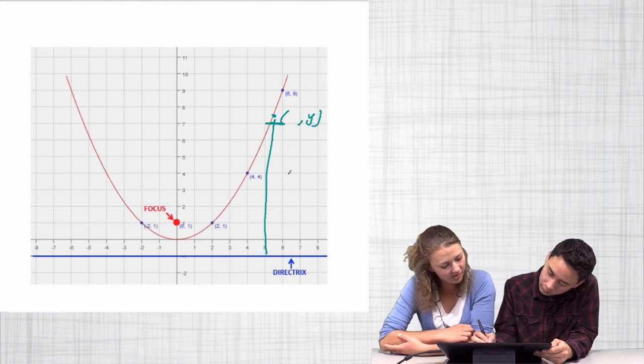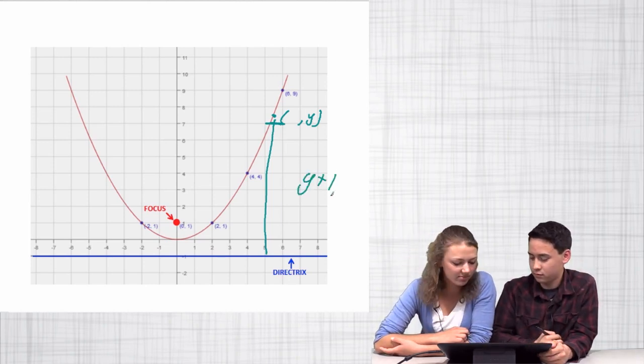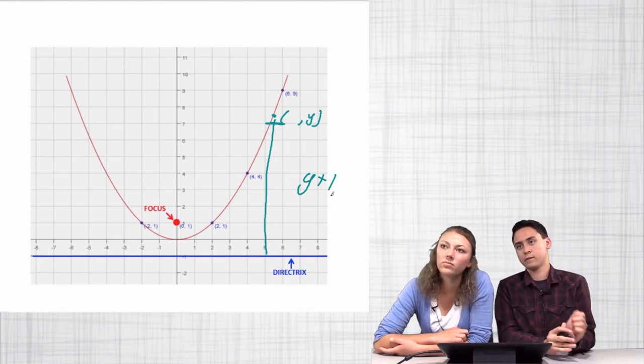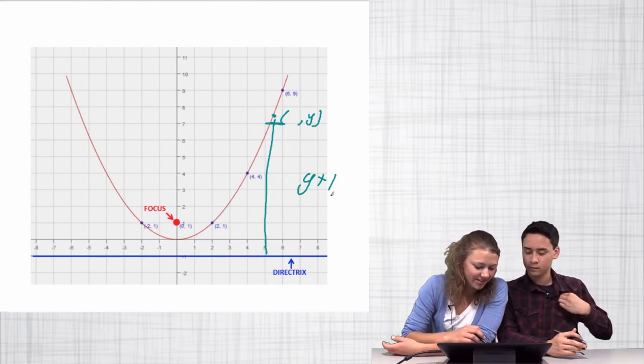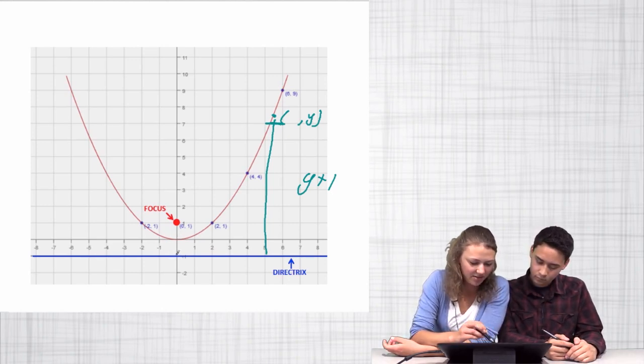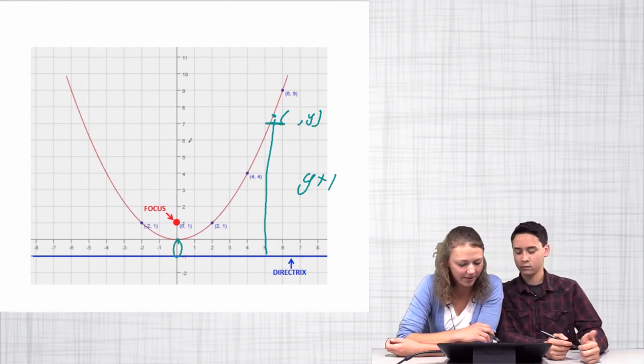And I'll see what Sasha thinks about that. Sasha, you agree. Why is that distance from the point to the directrix y plus 1? Because it's 1 under the 0, 0, so then it's just going to be 1 more than... You can mark that. Yeah, okay. So in that one space, it'll add 1 to whatever y you're given.